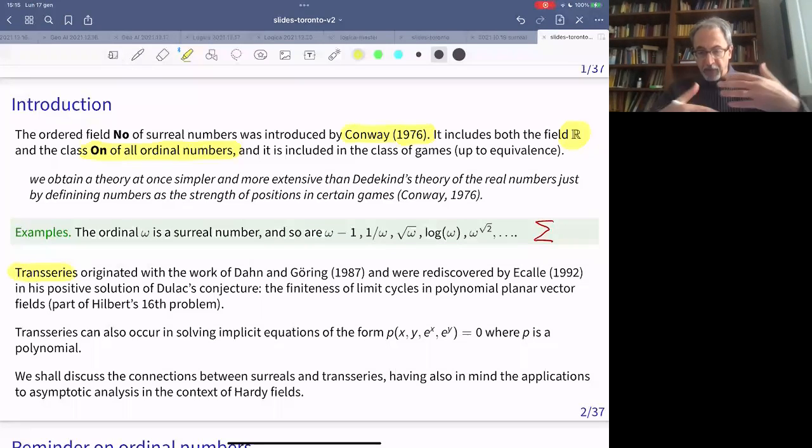So for instance, you can define an exponential function, but not a sine and cosine function. You can only define sine and cosine on restricted intervals. Okay, so we shall discuss the connections between the surreals and Transseries, and also the connections with so-called Hardy fields. They are fields of real functions of non-oscillatory nature.